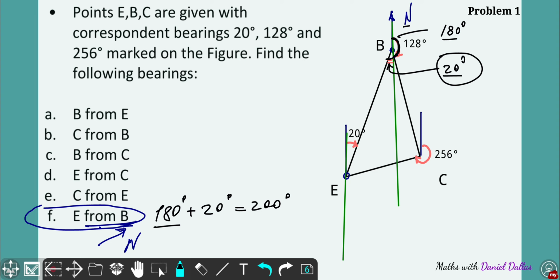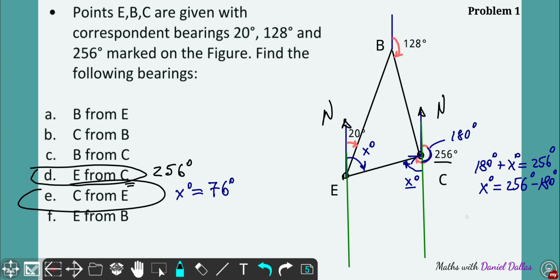Yes, however in the previous one we were supposed to subtract. So be careful. It's not always adding 180 to your initial bearing blindly. So don't do it blindly. Okay, pay attention to what you are doing. Don't memorize that you always need to add 180 to your initial bearing. That might not be the case.